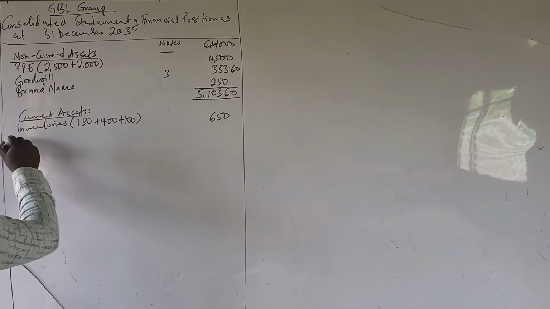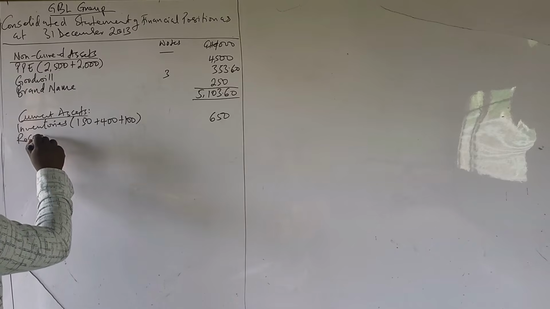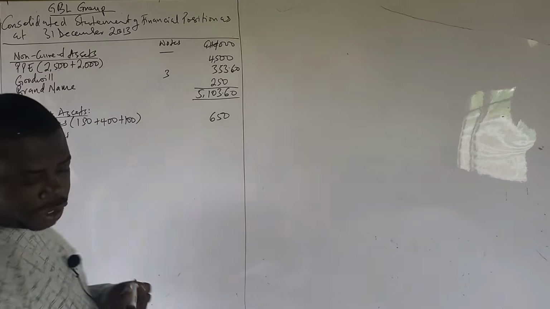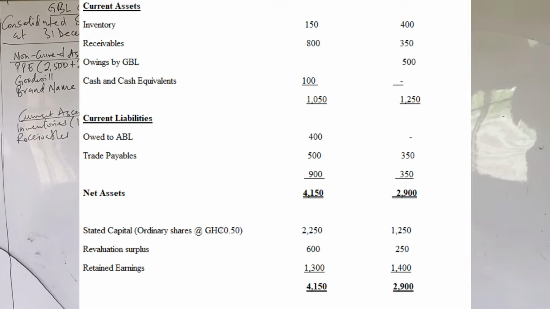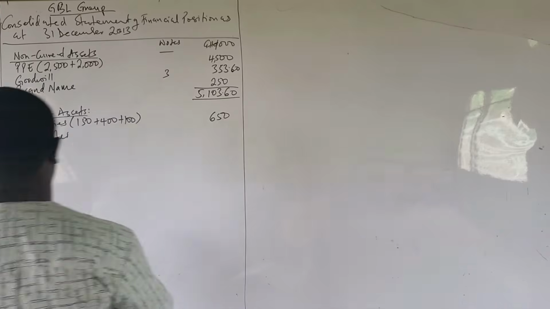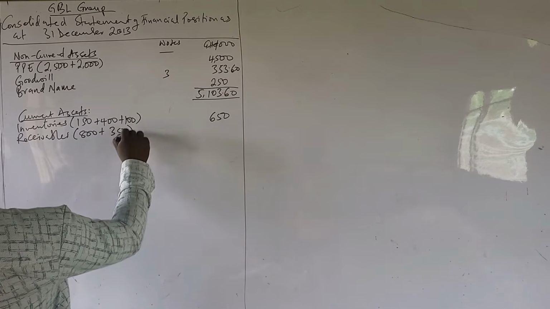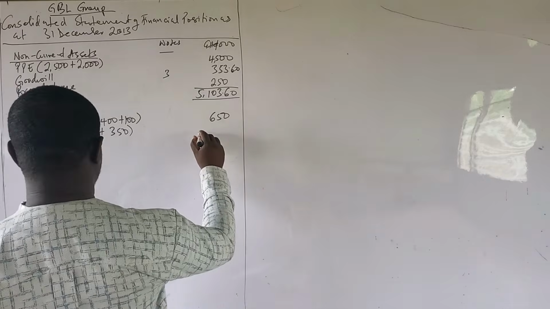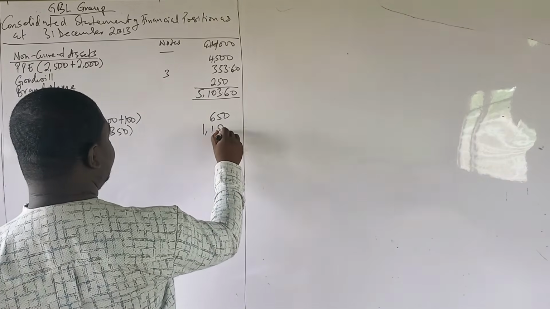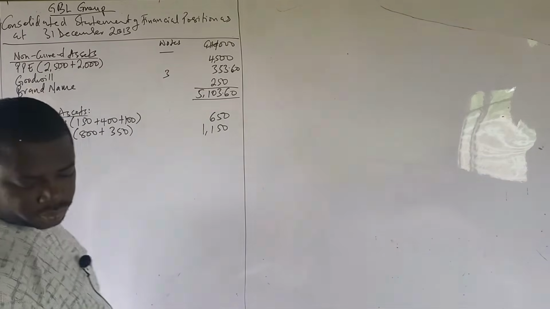And then we have receivables. The value of receivables per the question. We have 800 for the parent, 350 for the subsidiary. So 800 plus 350. And that is going to give us 1,150 for receivables.